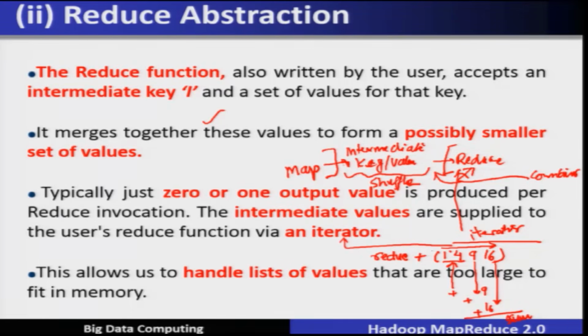So, the iterator's job is to scan through this particular list and provide the elements for the operation which is specified in the reduce function.